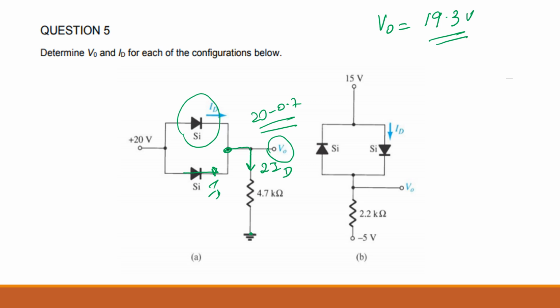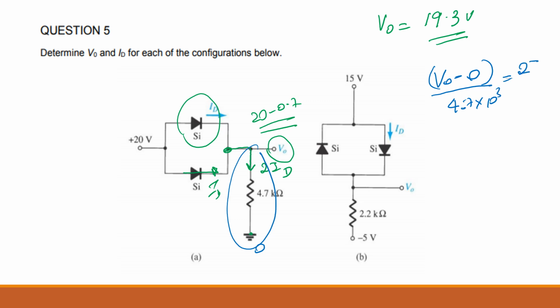So if you consider the voltage here now, the voltage V naught minus 0 will be the voltage. Agree? Because this is 0. So that voltage divided by the resistance, which is 4.7 times 10 to the 3, will be your 2ID. Do you agree with that or not?